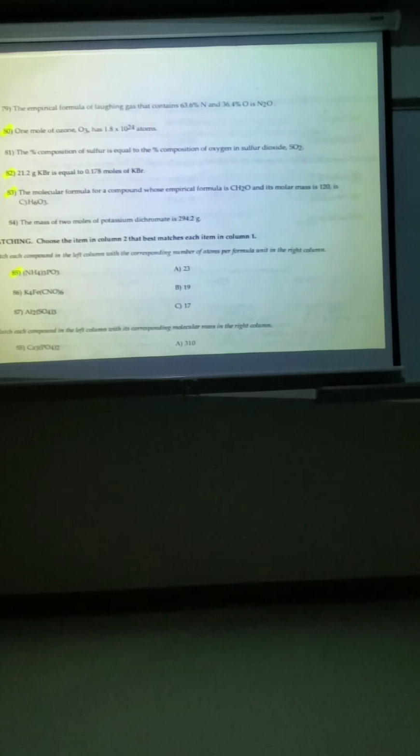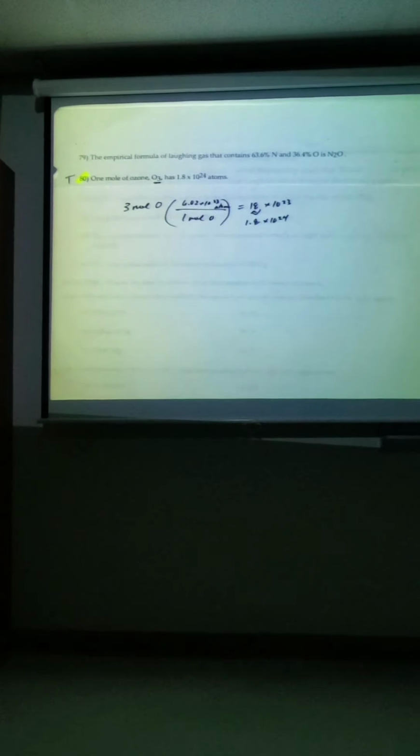One mole of ozone is 1.8 times 10 to the 24th atoms. So in order to deal with this one, we need to deal with Avogadro's number. 1 mole of ozone has 3 atoms. So 3 moles of oxygen atoms in O3.